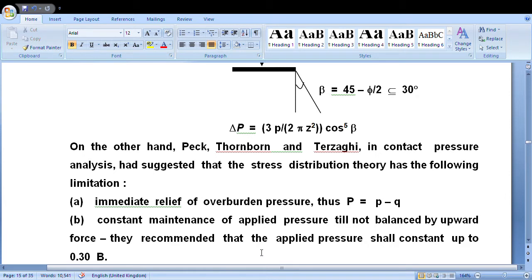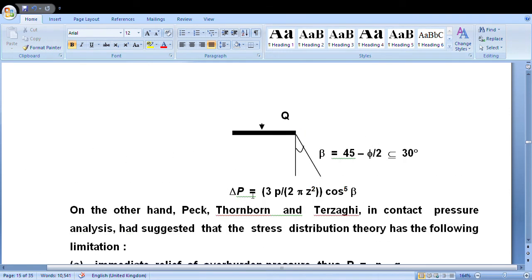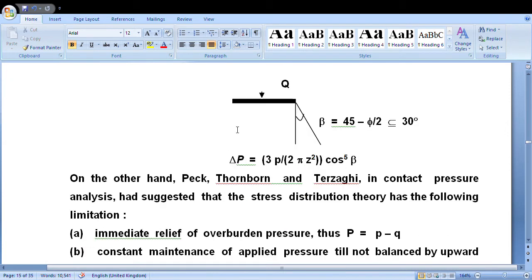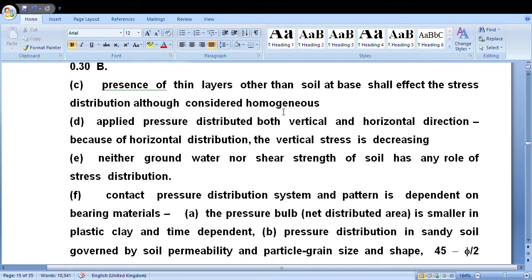That is, you see, while I was discussing SBC analysis, so far I remember, I have said that if it is considered in Boussinesq, it is 2B or 3B, but during analysis it is found that up to 30% of the depth, equal to 30% of B, the same pressure shall be continued.